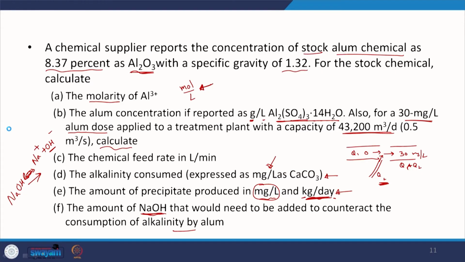So, let us get this done or look at it in a bit more detail. What is the first aspect? Molarity of Al3 plus. I want to be able to calculate Al3 plus molarity. For that, I need to know how many moles there are of Al3 plus per liter of my water, 1 liter of my solution. For this, obviously, I need to know the molecular weight. What would molecular weight give me an idea about?